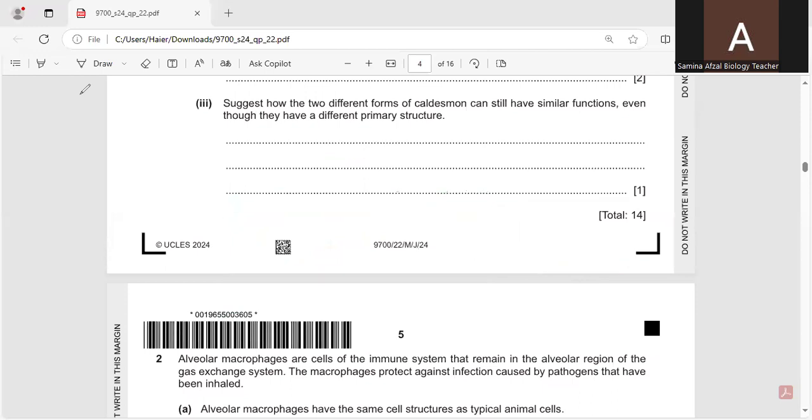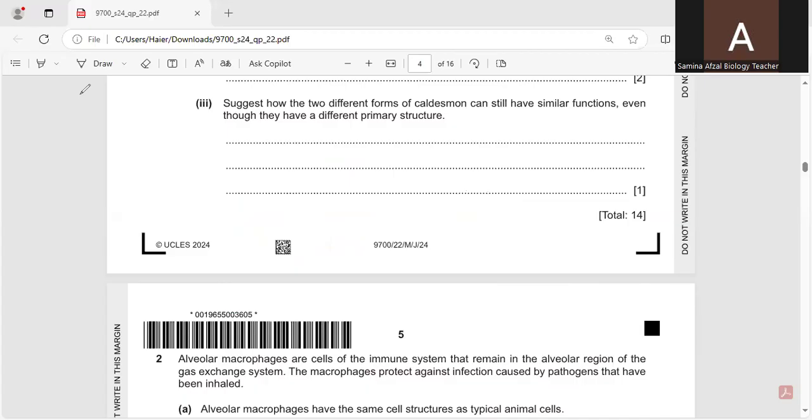Suggest how the two different forms of caldesmon can still have similar functions even though they have a different primary structure. Although they have different primary structures, they are similar in tertiary structure, which is the 3D structure.